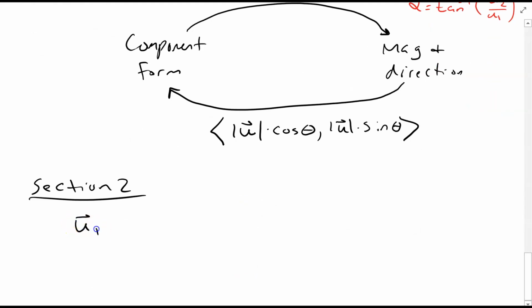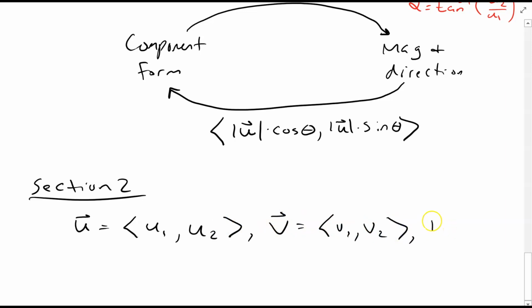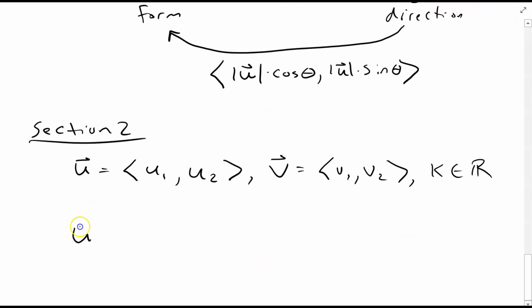So if I have a vector u and a vector v, and some scalar, I can calculate u plus v by doing u1 plus v1, and then u2 plus v2.